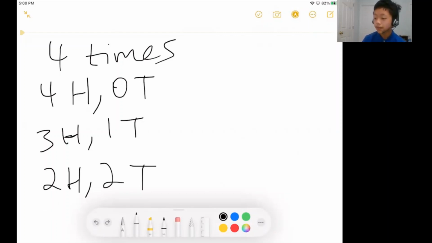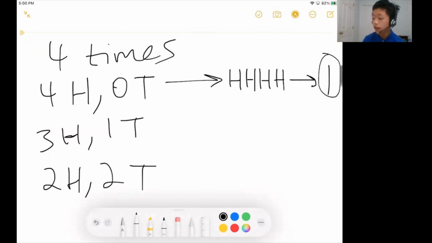In the first case, if you have 4 heads and 0 tails, there's only one possibility. That's pretty obvious: you have to get heads all 4 times. So that's only one way. Then when you flip 3 heads and 1 tail, how many ways are there? If you have 4 blanks, it depends where we put the T. If we put the tail here, the remaining 3 heads go here.